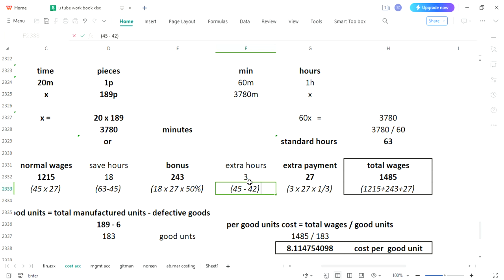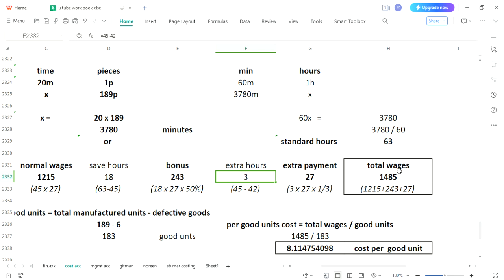It means 3 extra hours he had worked. The next step is to give payment for these 3 hours. For every hour 27, 3 hours, so 81 was the payment. In this way, there were 3 categories with which worker X earned his wages. Normal salary 1215, bonus 243, and extra payment 27 you have got.